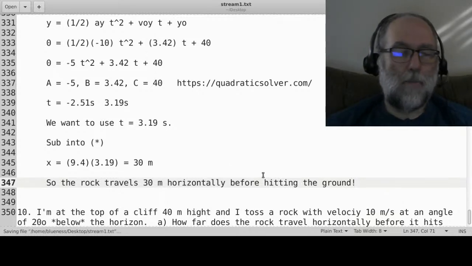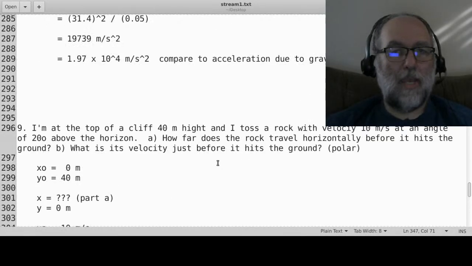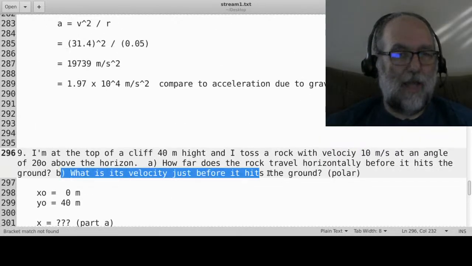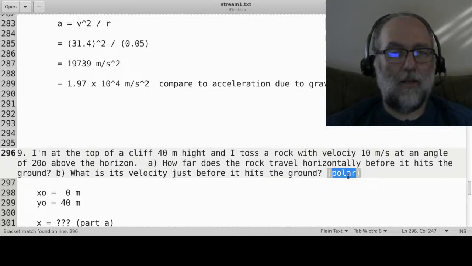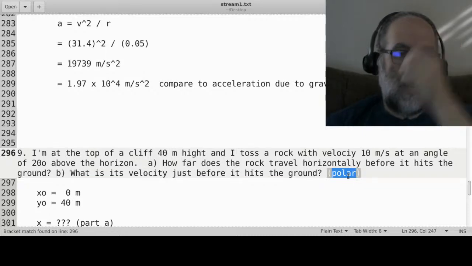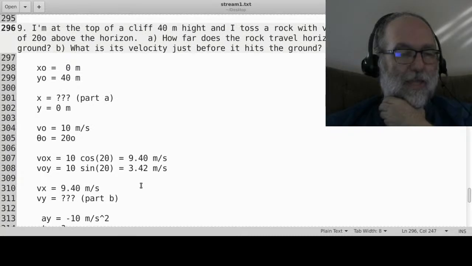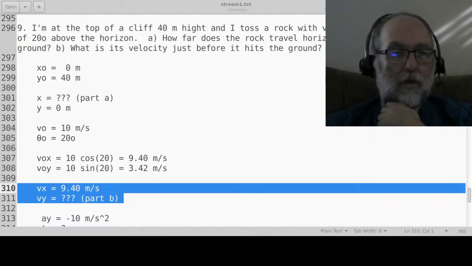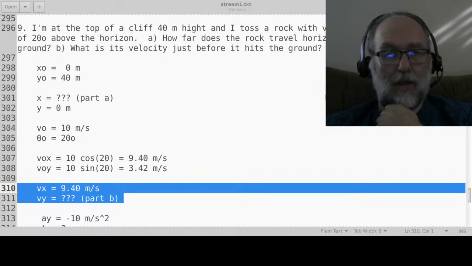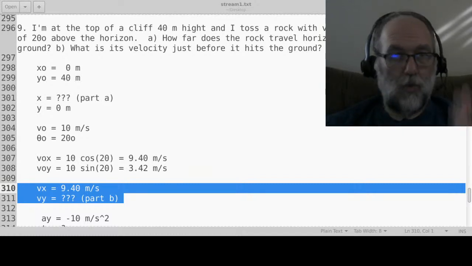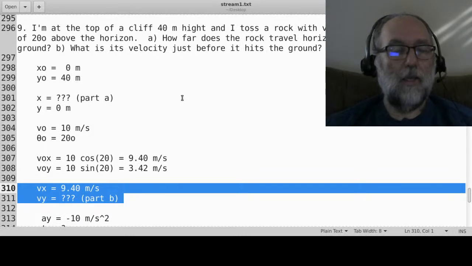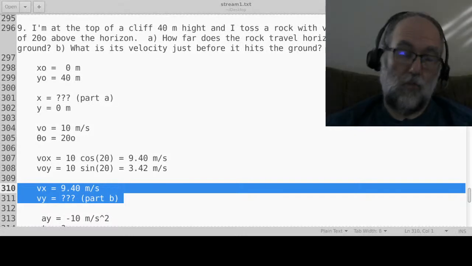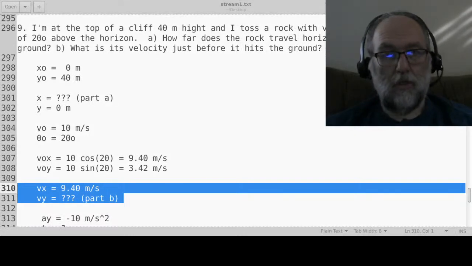That is part A. Now, what's part B? Part B was, what is the velocity just before it hits the ground? And I want it in polar. To get that, we need both the x and y components of the velocity just before it hits the ground. We have the x component, we don't have the y component. We need the x and y components because we need to convert to polar.